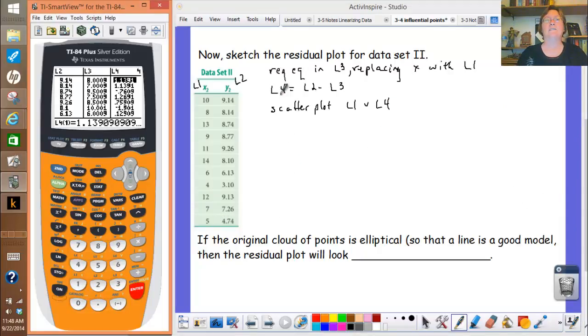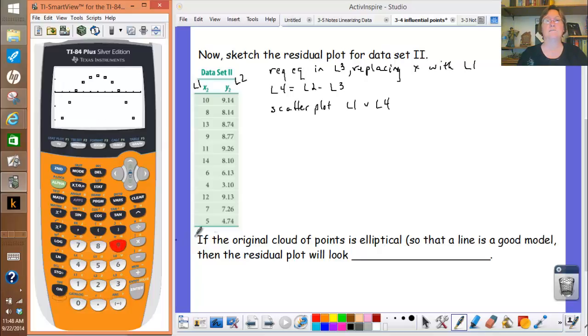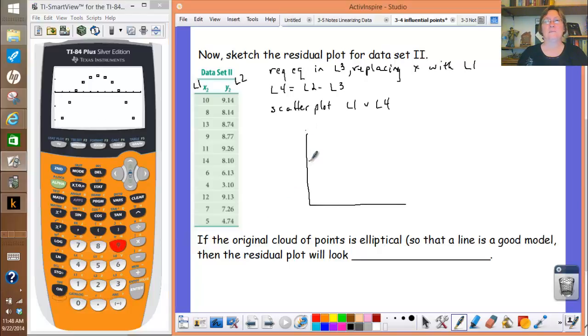All right, I've come to the point where I have accomplished these things, all except I haven't looked at my scatter plot yet. In my list 2, I have this set of data values now. I've found the regression equation and pasted it into list 3, changing the X to L1 because that's where my X's are. In list 4, I have the difference, L2 actual Y minus L3 predicted Y. And now I'm ready to look at a residual plot. So I'm going to zoom 9, that's the stat fit window, and whoa boy, definitely seeing a pattern there.